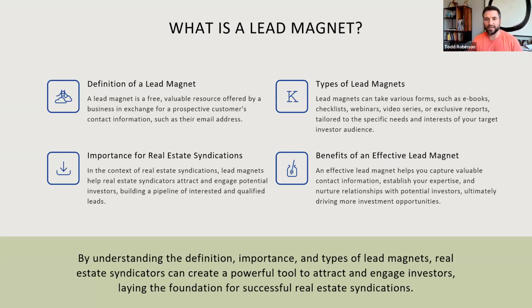You can provide a million different things: an ebook, a checklist, a webinar, a video series, an exclusive report, something that you offer to the general public and they have to opt in to get a copy of it. This is how social media sales funnels and marketing funnels are built.